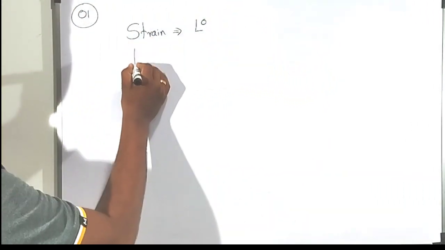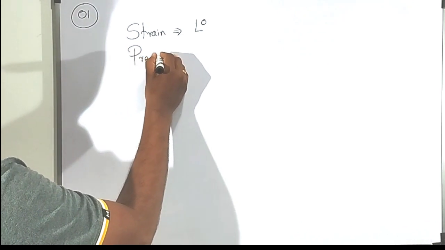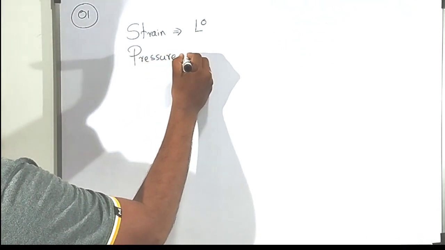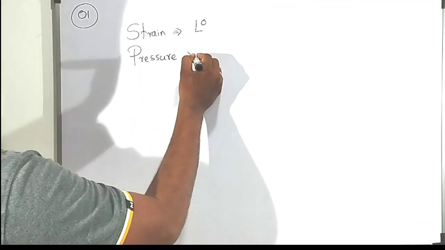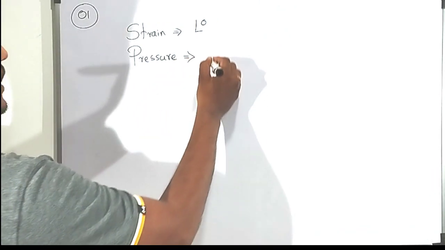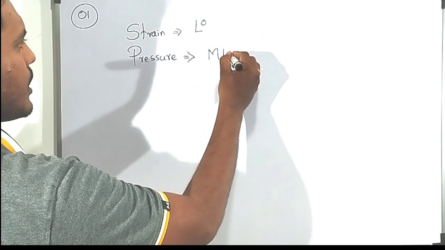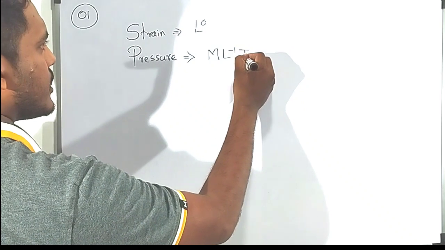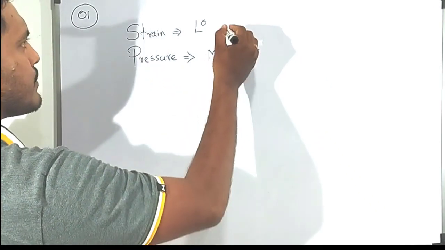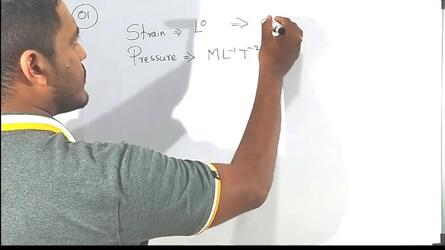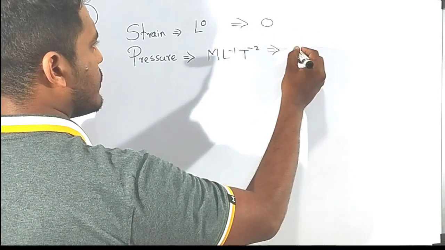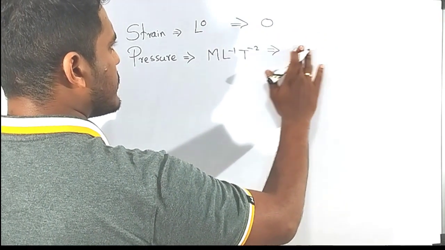Then pressure, the dimensions will be M L minus 1 T minus 2. Here the power of L will be minus 1.